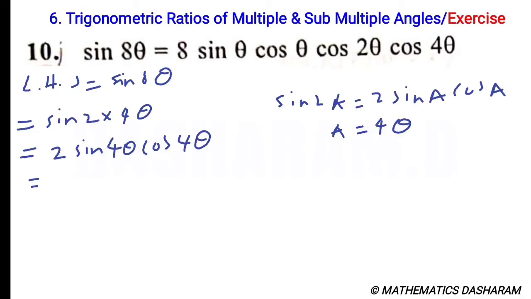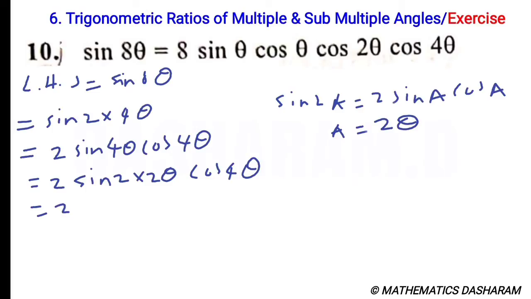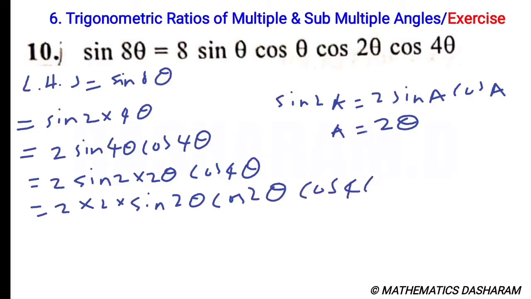Now sin 4 theta, so 2 into sin 4 theta I am writing as 2 into sin 2 theta into cos 2 theta, into cos 4 theta. Again same formula, but here at the place of a, what is the value will come? 2 theta will come. So 2 into, already 2 is there, again 2 will come, 2 into sin 2 theta, cos 2 theta into cos 4 theta.